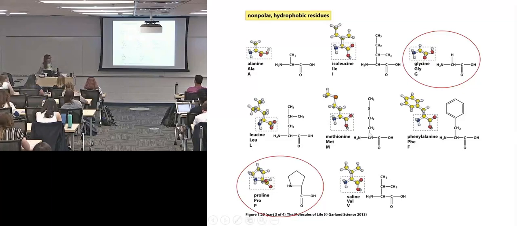So it has a ring, but with all of these other rings, here's my amine group, here's my alpha carbon, here's my carboxyl, and then the side group has the ring on it. Here, both my alpha carbon, which is actually located right here, and my amine nitrogen are in the ring. So that's what's unique about proline, is that the nitrogen and alpha carbon are going to be in the ring.